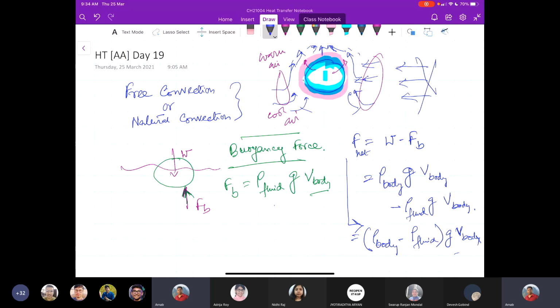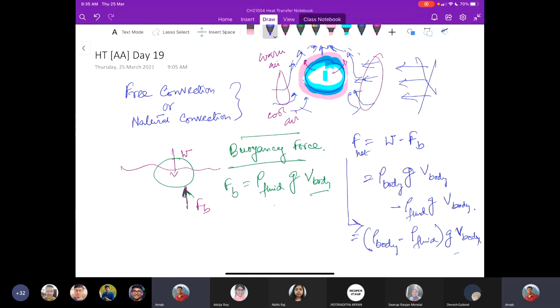So if we find a way to express the variation of density with temperature, keeping the pressure constant, because if that also changes, then the situation becomes more complex.